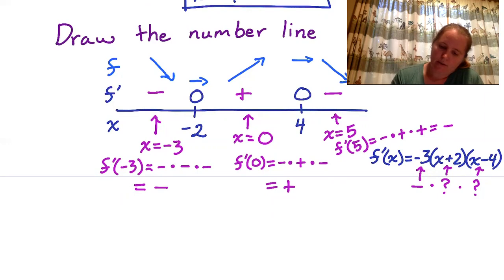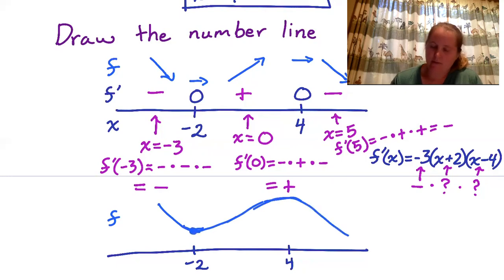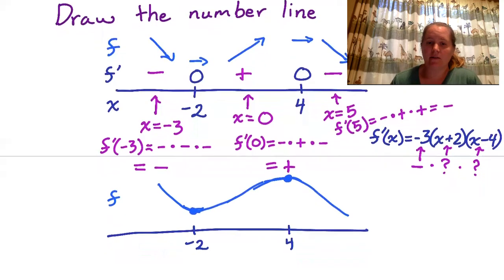So if we draw what f would look like, not caring about the actual values, but just graphing what f would look like, we know that it dips down till negative 2, goes back up to 4, and then goes back down. So we have a relative minimum at x equals negative 2 and a relative maximum at x equals 4.